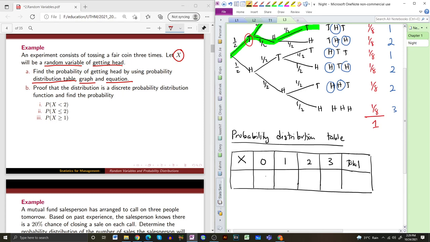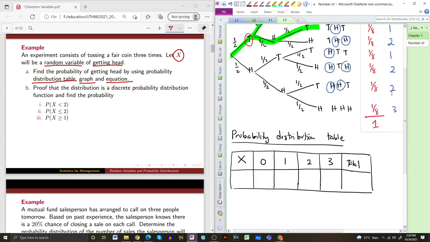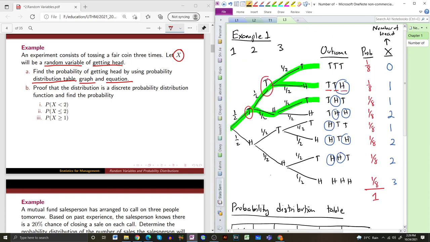The probability for you to get 0, you can see here, is 1/8. The probability for you to get 1 is 1 here, another one here, another one here. When you go by branch, you multiply.